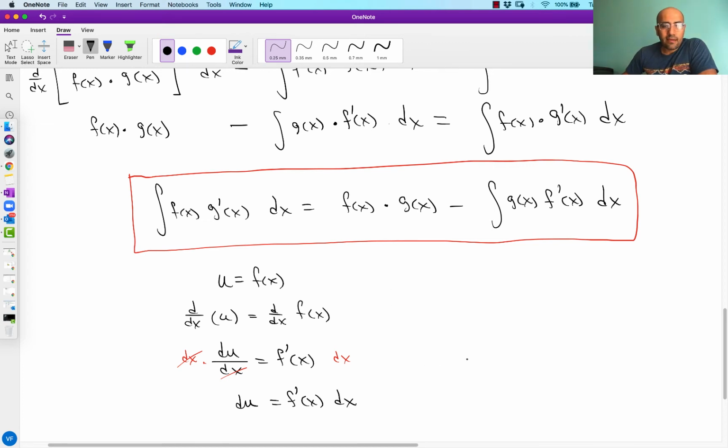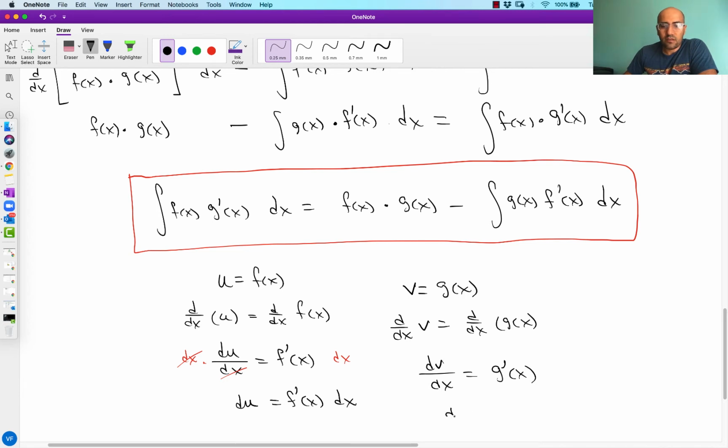Good. And then v, so we're going to have the following. Let's let v equal to a function g of x. And then we do the same thing, where if we take the derivative with respect to x, d/dx of v, we'll end up with d/dx of g of x, which gives us that dv over dx equals g prime of x.